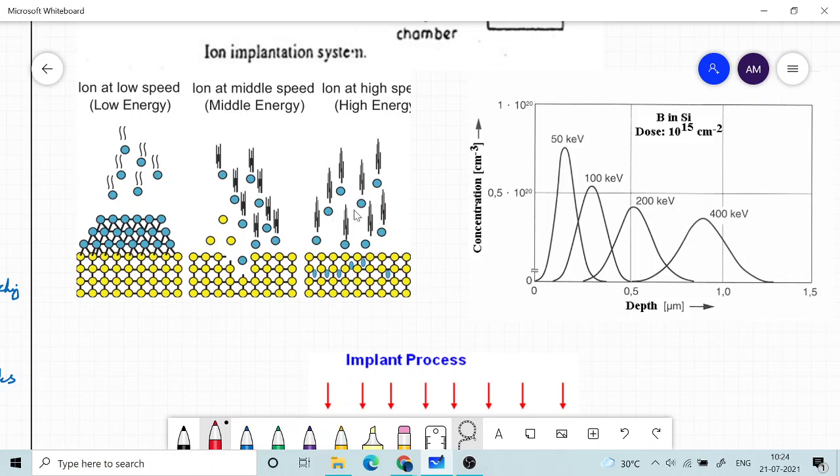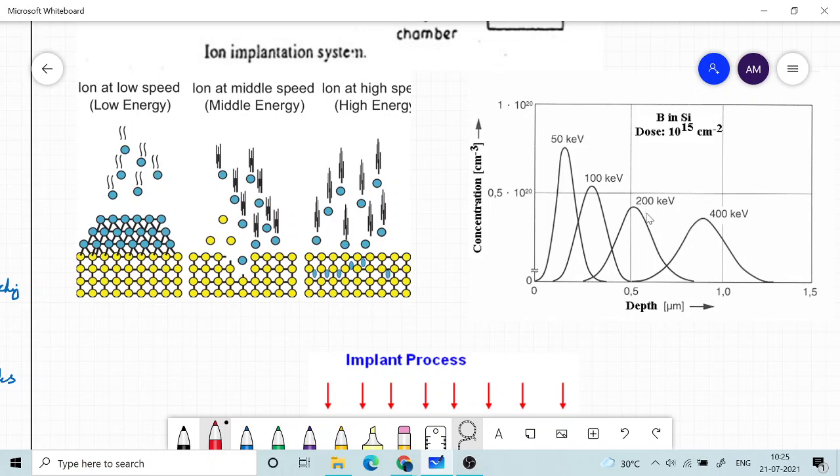The depth to which it goes, that is what is called range, okay. So you can see the different energies and the range. Here you can see that at 400 kilo electron volt, it can go up to nearly 1 micrometer. That much it can penetrate and reach. You can see most of them get stopped there.